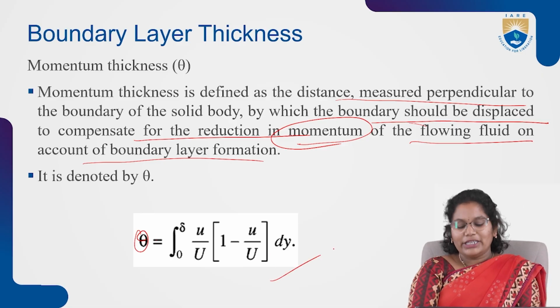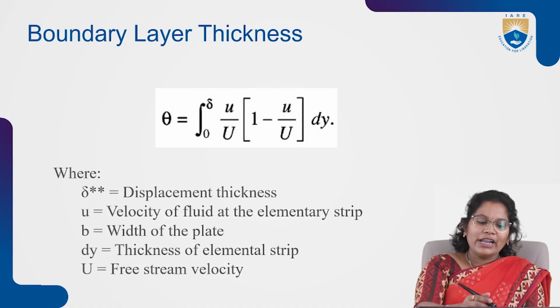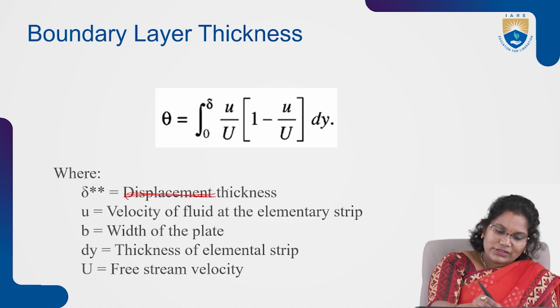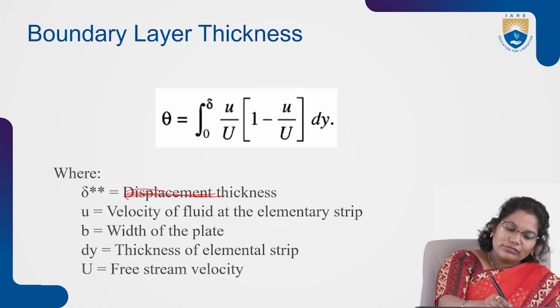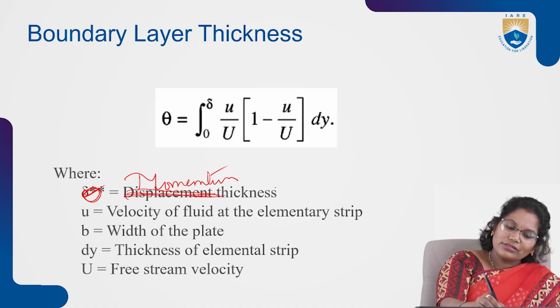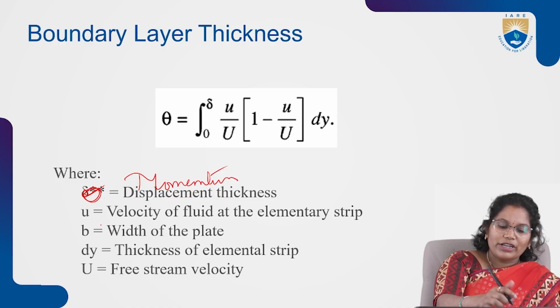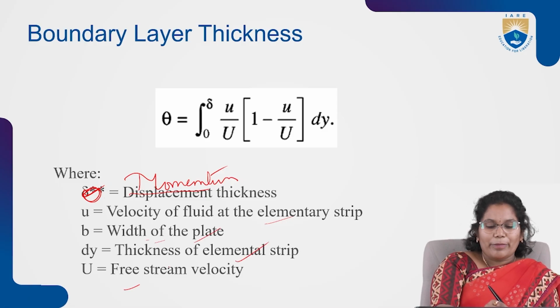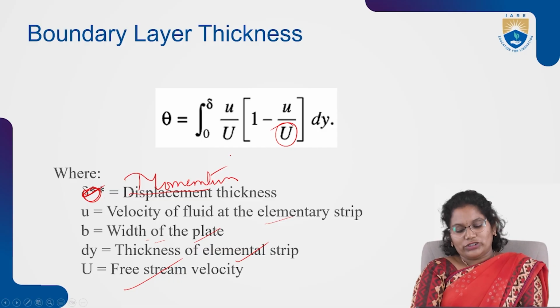This is the momentum thickness, denoted by theta. Here small u is the velocity on the strip, b is the width of the plate, dy is the thickness of the elementary strip, and capital U is the free stream velocity.